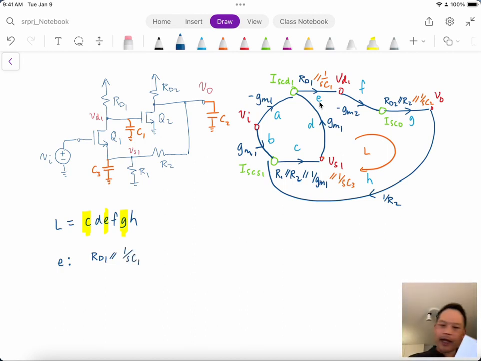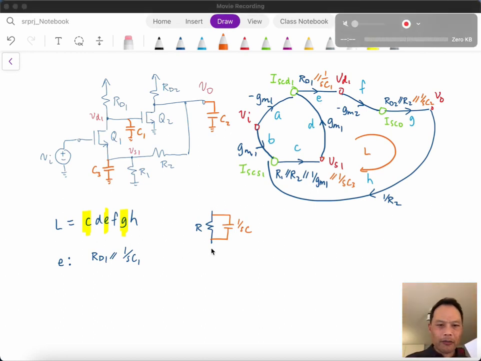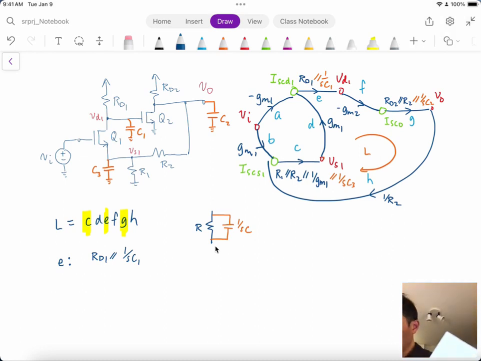When we have the addition of a capacitor to a resistor, so here, if we had a resistor and then we added a capacitor, 1 over SC, then the combination of the two in parallel would be simply 1 over the conductance, so that's 1 over R, and we have to add the conductances together, or admittances, so SC.